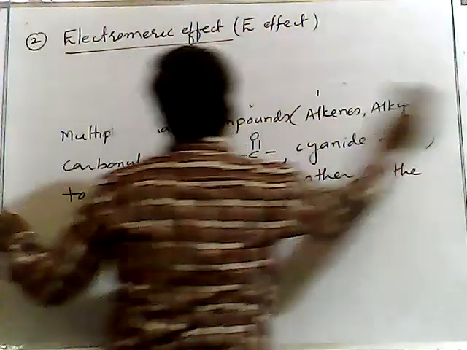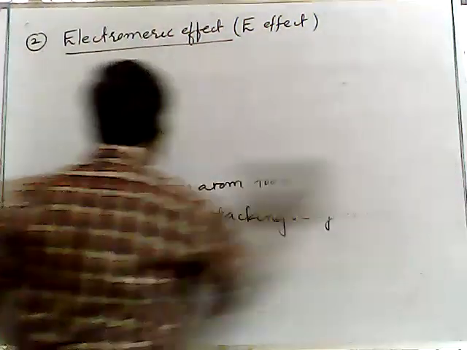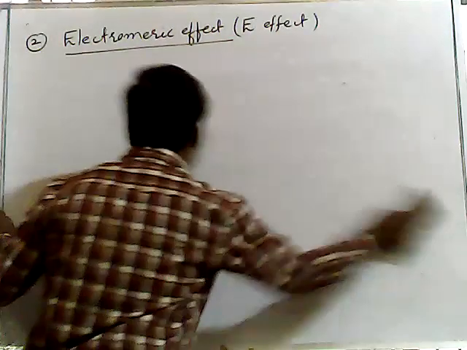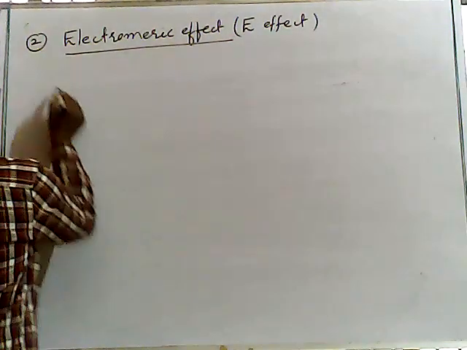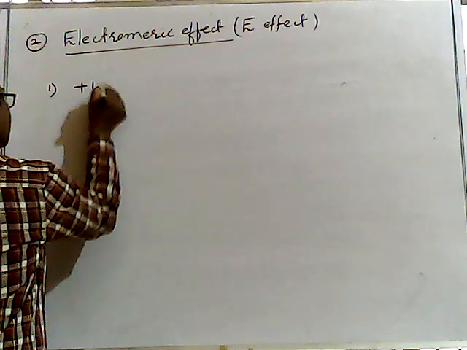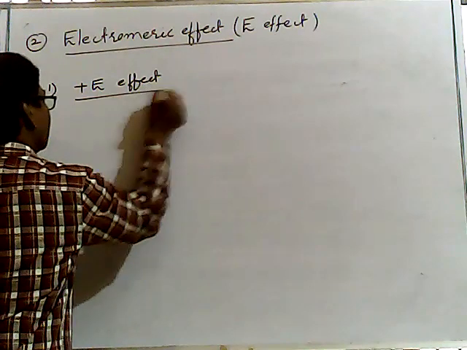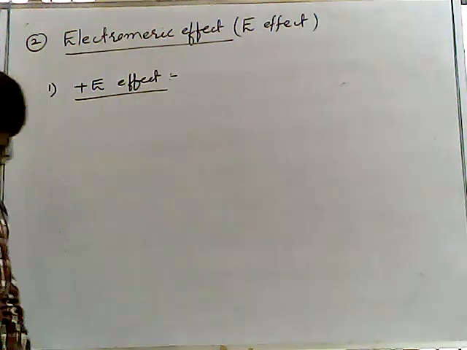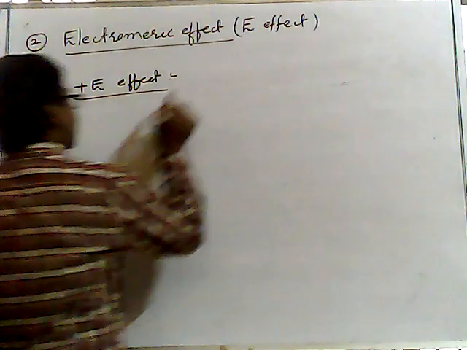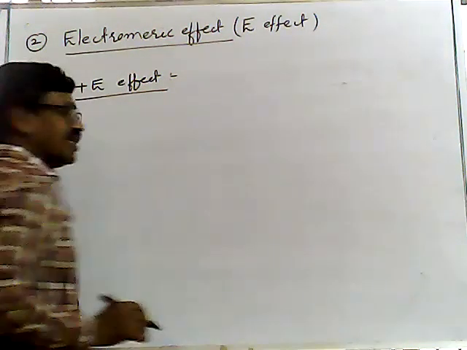See here, the plus E effect I am going to discuss now. First one is the plus electromeric effect. Generally, in alkenes and alkynes, we can expect this.